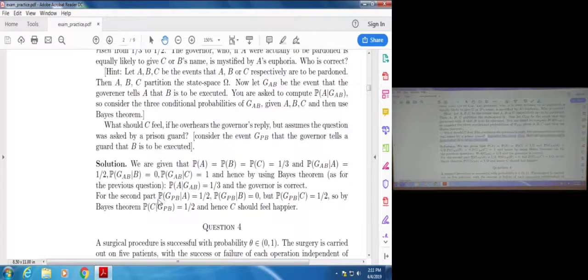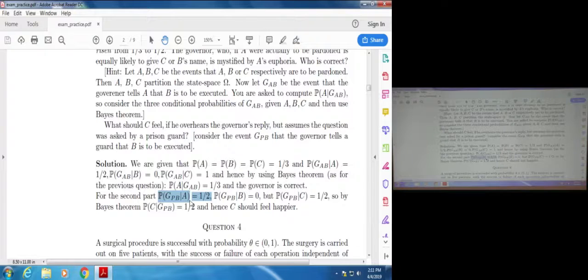Let's think about this. G of P B given A means what? That's the probability that the governor tells the prison guard that B is to be executed, given that A is to be pardoned. If A is going to be pardoned, he's equally likely to tell them B or C, so it's a half.